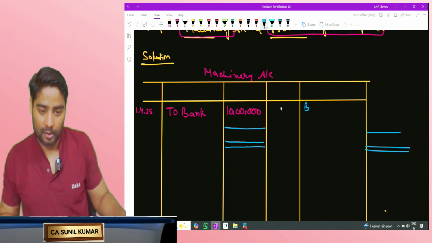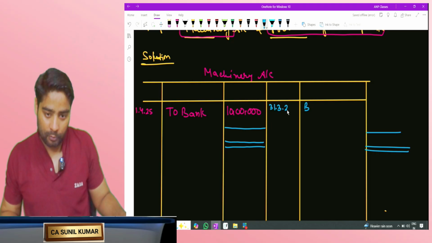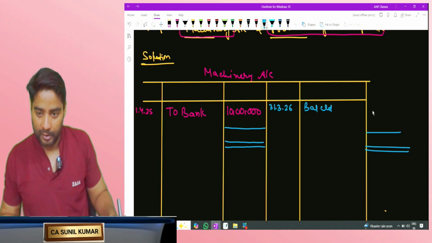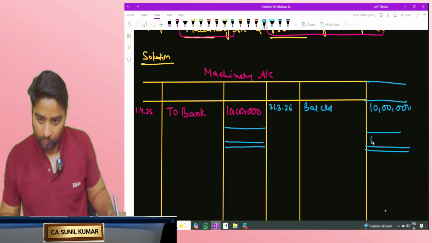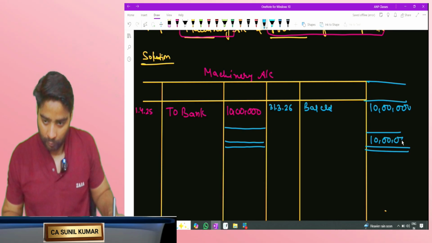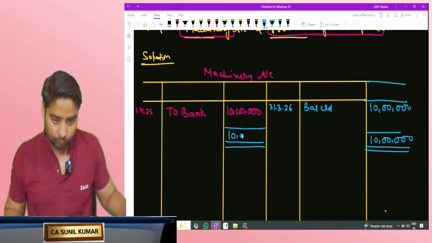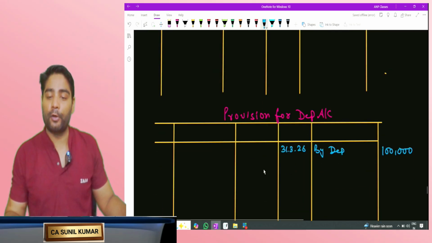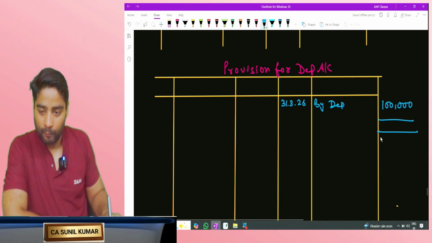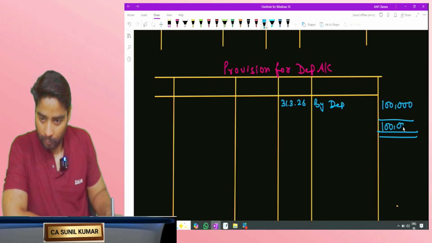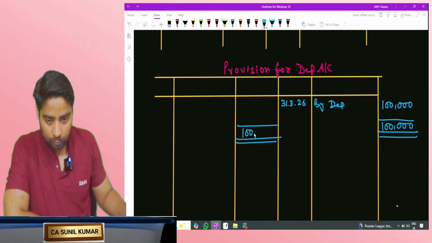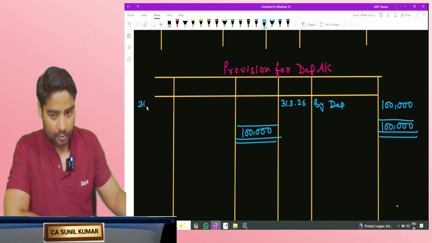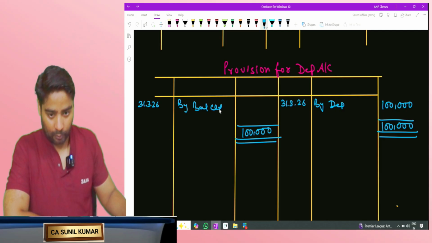Balance carried down on 31st 3 26 is rupees 10 lakhs. And in provision for depreciation, the balance will be 1 lakh rupees, by balance carried down on 31st 3 26.